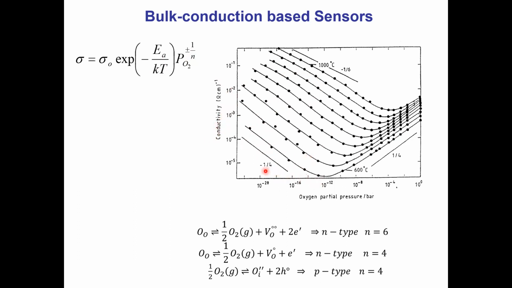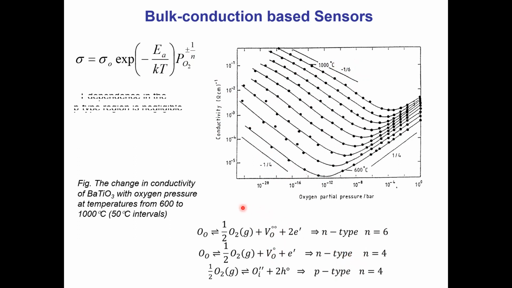At low temperature, typically it's 1/4, and changes to 1/6 at high temperature. That has to do with whether doubly ionized oxygen vacancy that you create at high temperature compared to singly ionized oxygen vacancy that you create at low temperature.